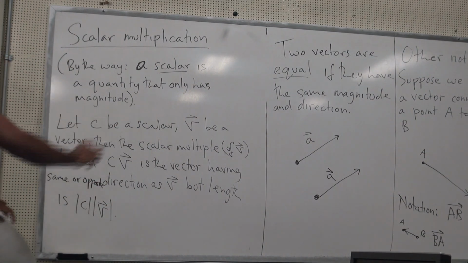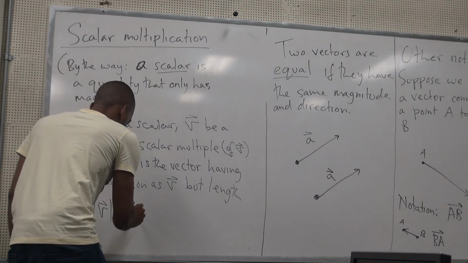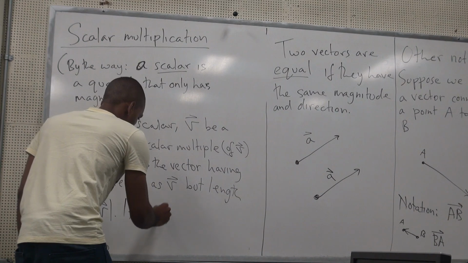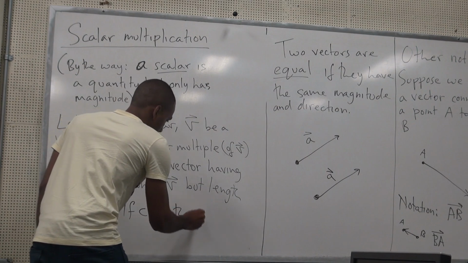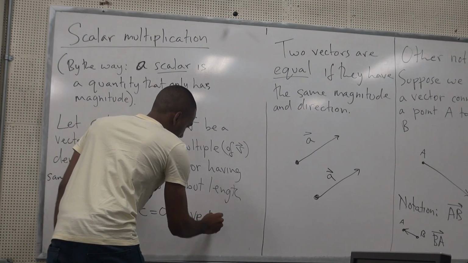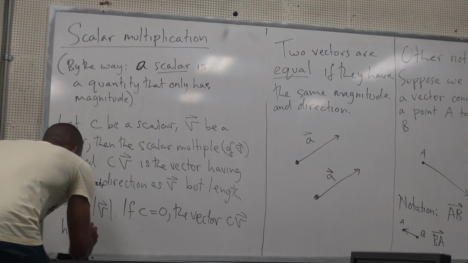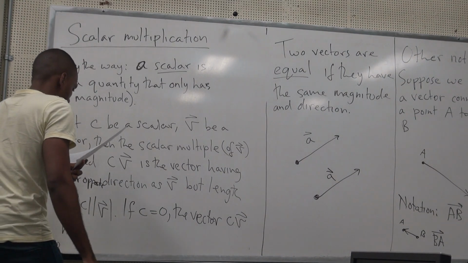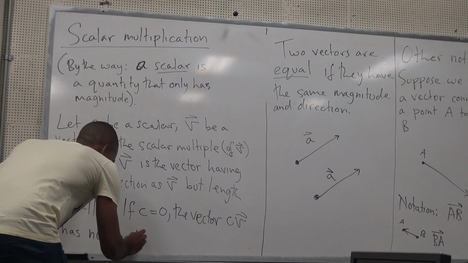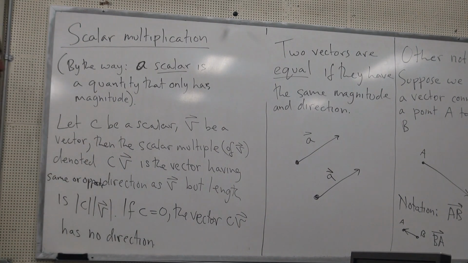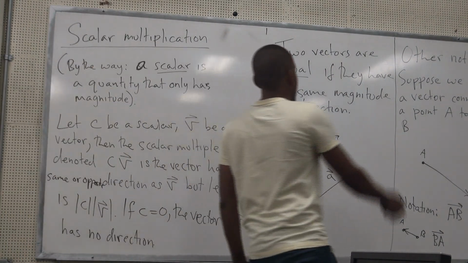But you can actually change the length, is what I'm trying to say. If c equals 0, the vector cv has no direction. It's not really a vector anymore. We'll talk about the zero vector, how crazy it is, soon.